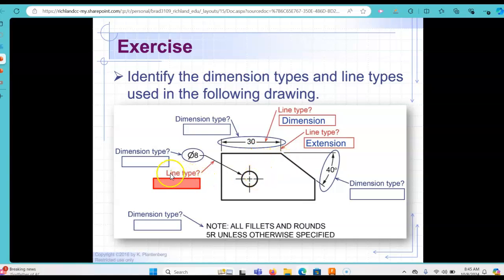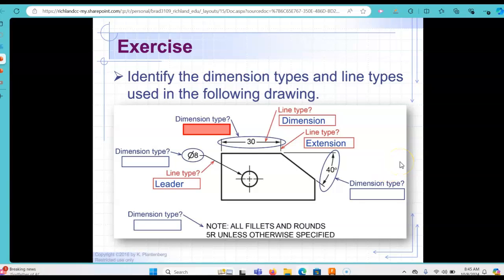Now we're over here on the left-hand side, talking about this dimension right here, and we have to say, okay, what is that line called? Take a couple of seconds, see if you can answer that one. That is, of course, our leader line.